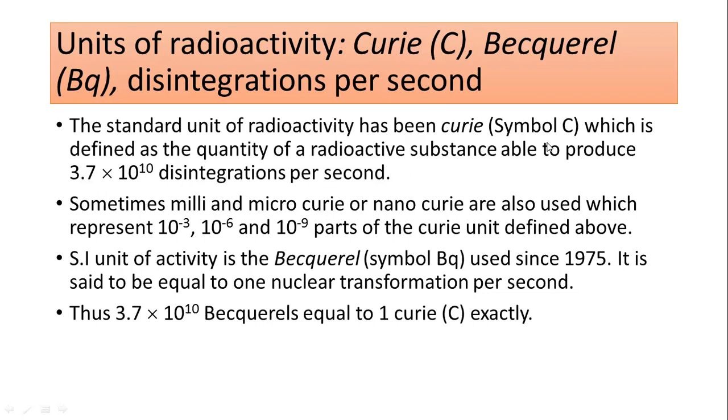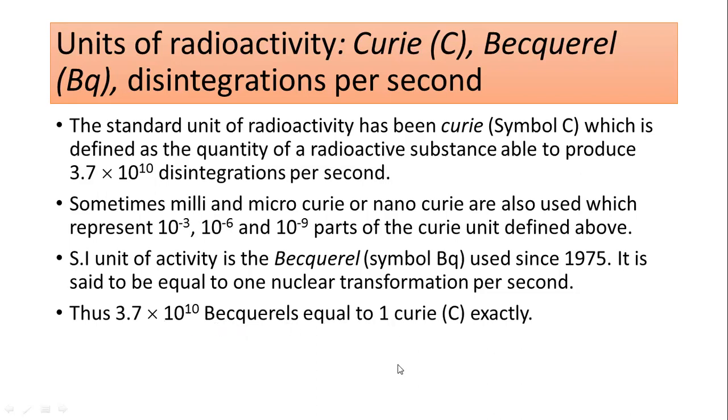So if one Curie is 3.7 × 10^10 disintegrations per second, and one becquerel is one disintegration per second, then one Curie will be equal to 3.7 × 10^10 becquerels. You can represent it in Curie, in disintegration per second, or in becquerel. So one Curie will be equal to this many becquerels, or you can calculate the becquerel.